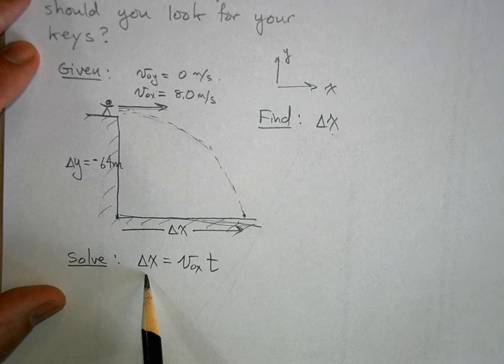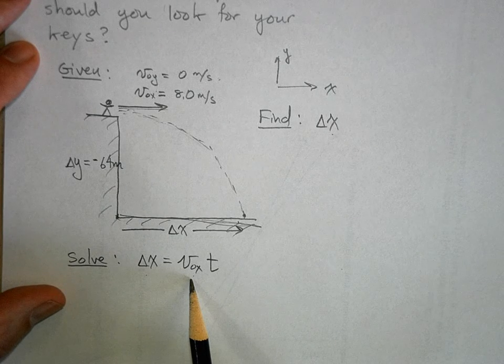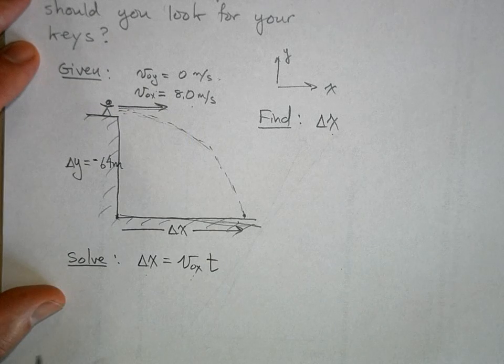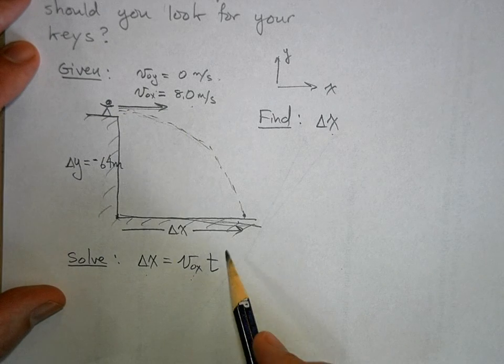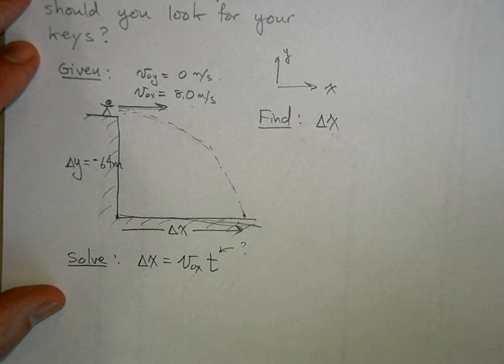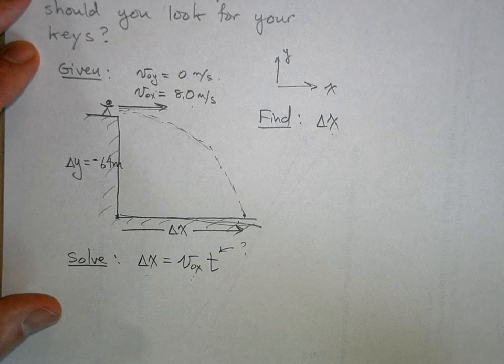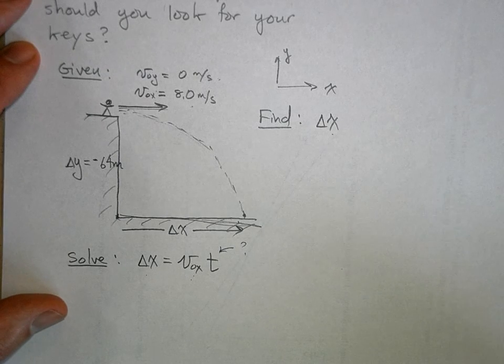Yay, it's already solved for. But what's true about v naught x? Do we know that? Yeah, it's given. What do we not know? We don't know time. So where do we have to go to be able to solve for time? We have to look at the motion of the object now in the y direction.